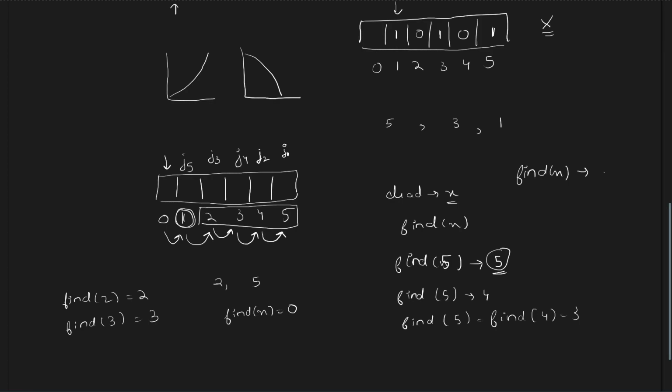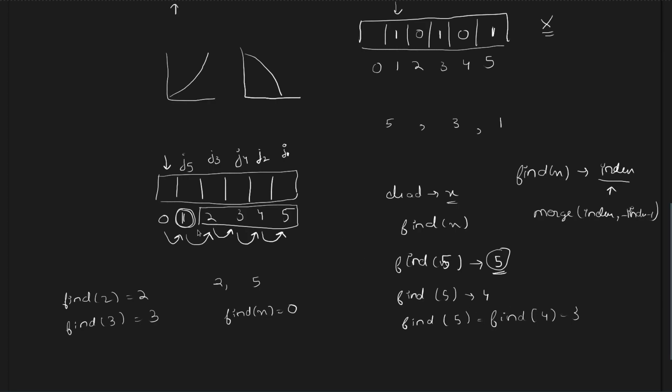Once I use that index, I cannot use it again, so I will merge my index with index minus 1, because index minus 1 would be the next position I would want to go once my index position is taken, right? So this would be the whole idea of the problem.